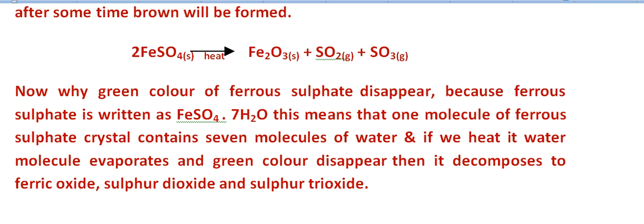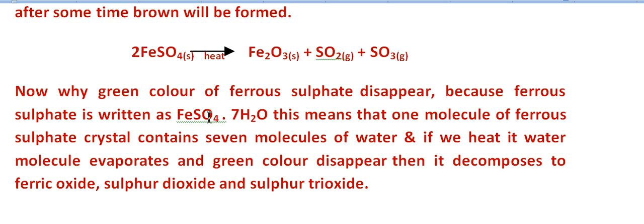Now why does the green color of the ferrous sulfate disappear? Because ferrous sulfate is written as FeSO4 with 7H2O. Now in this ferrous sulfate crystal, what does this 7H2O represent? It represents that one molecule of ferrous sulfate contains 7 molecules of water.